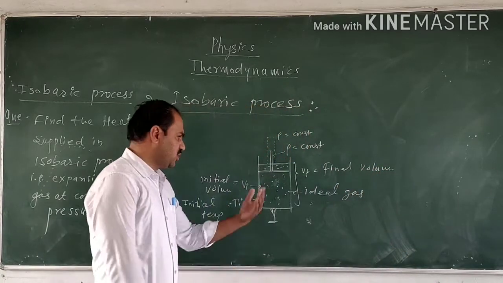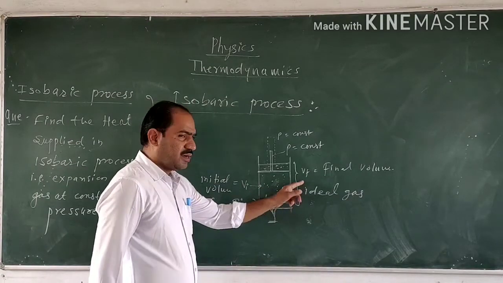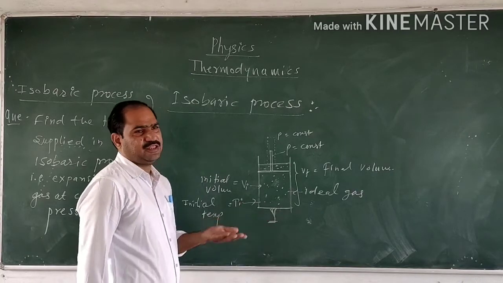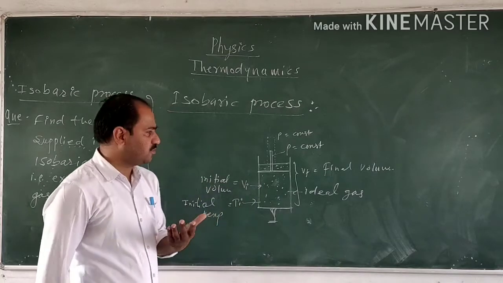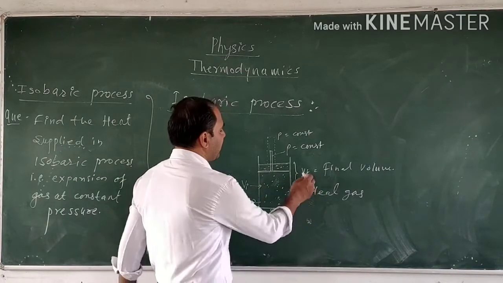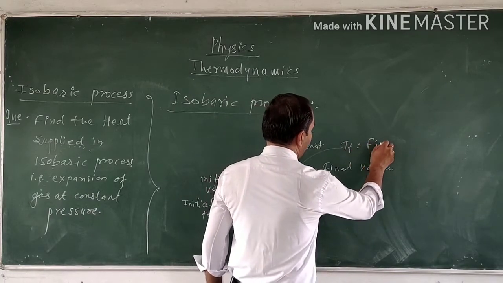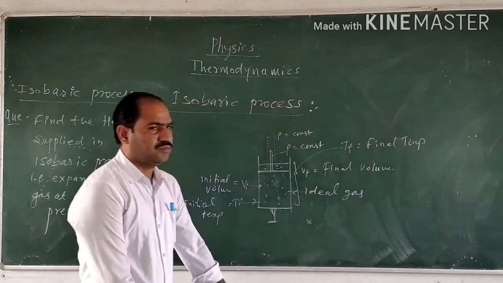This expansion of the gas from Vi to Vf takes place while absorbing heat energy. Ti is the initial temperature of the gas, and finally when its volume is Vf, its temperature is Tf, the final temperature of the gas.